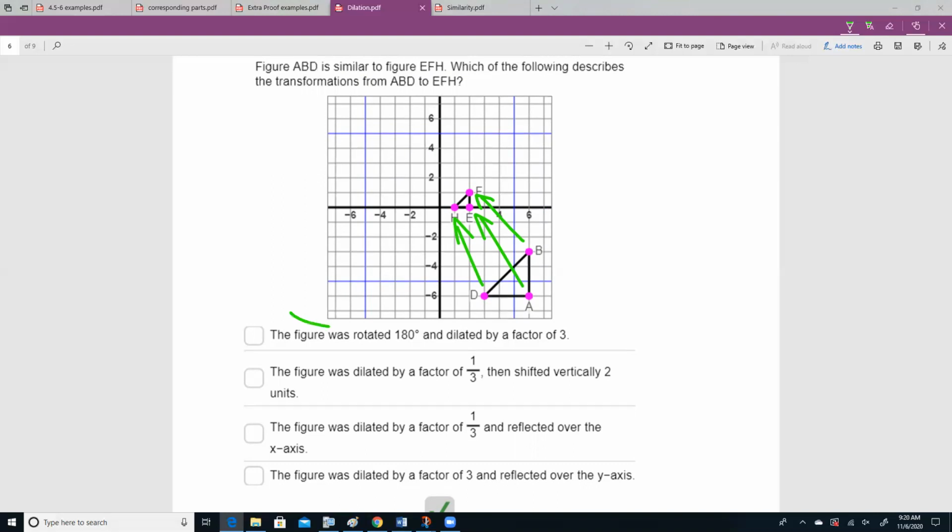Nope, it wasn't rotated. It's still the same orientation, so we know it wasn't reflected. So we know it's probably the second choice.